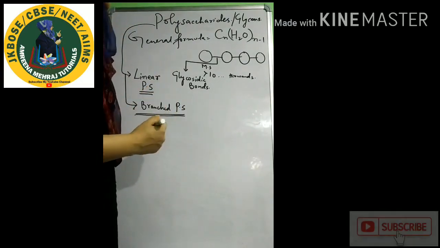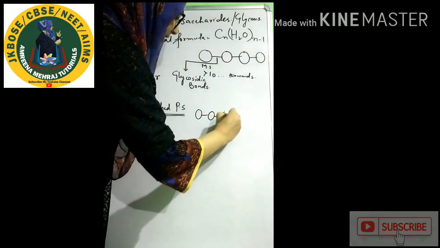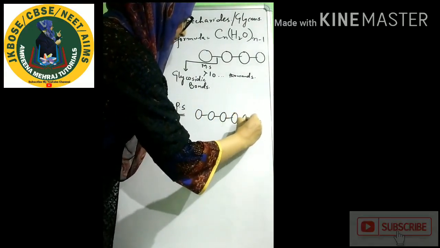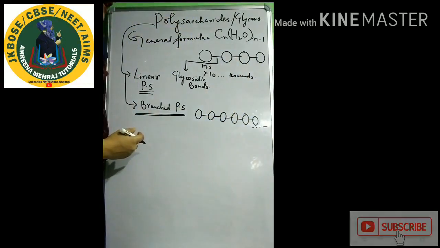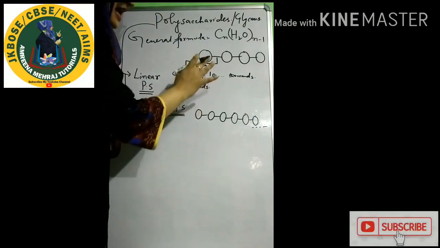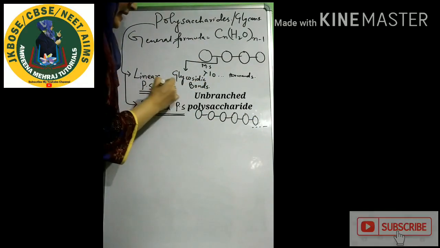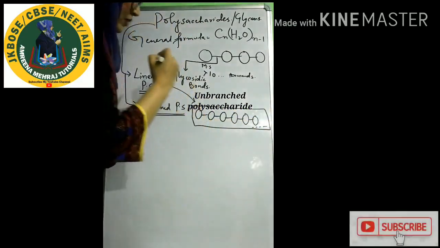It's very simple. If you have a long chain of thousands of monosaccharides, like this, but it doesn't show any sort of branching, it's not having any branch, then you will call it a linear polysaccharide. Simple. Examples I'll give you ahead.